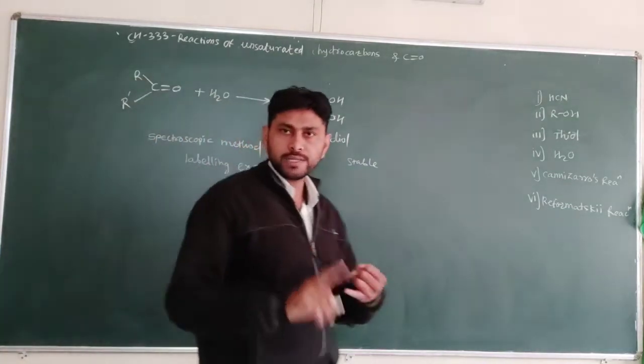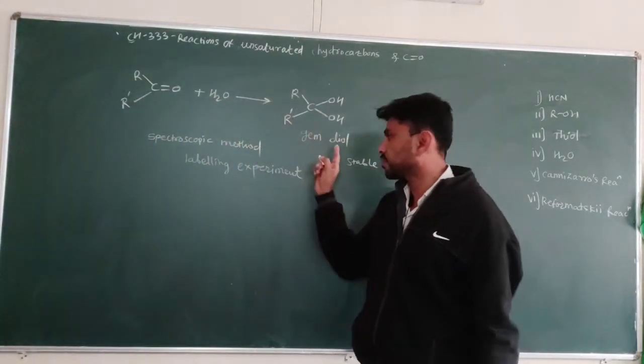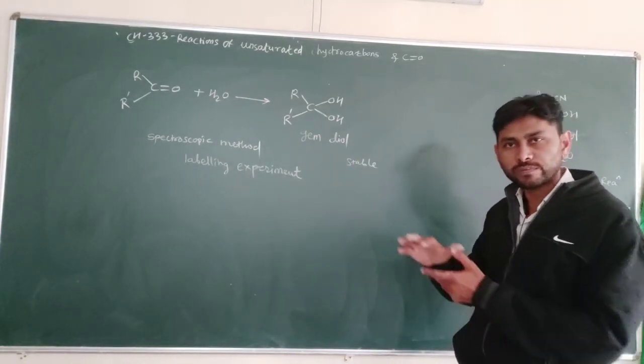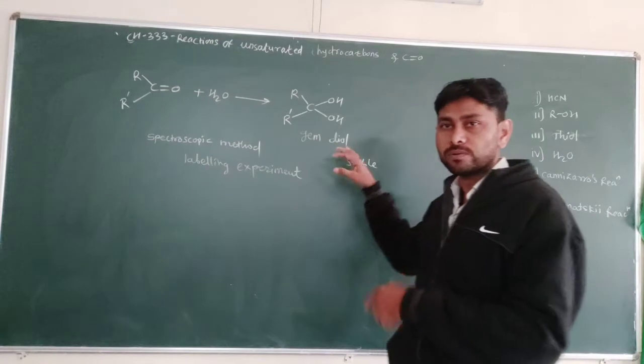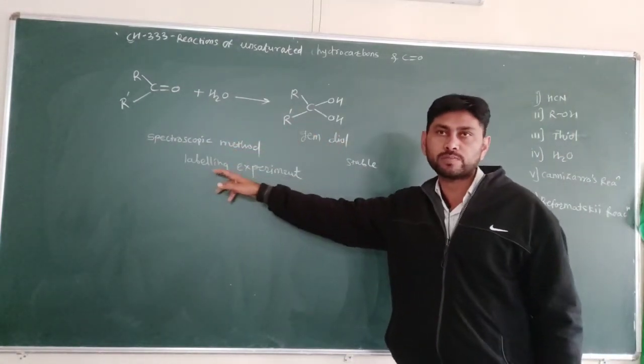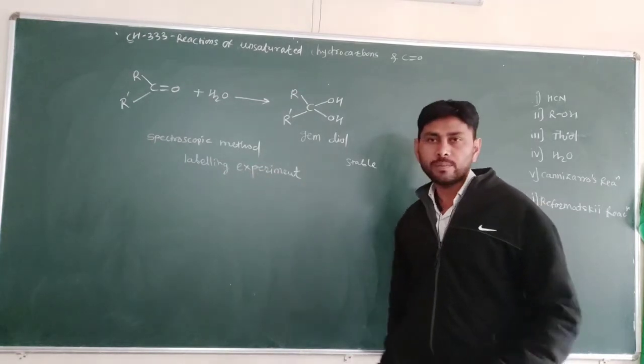So when water is added into the carbonyl compound, we get the formation of gem diol. The structure of gem diol is not stable, so isolation is not possible, but its existence can be determined by using spectroscopic methods and labeling experiment.